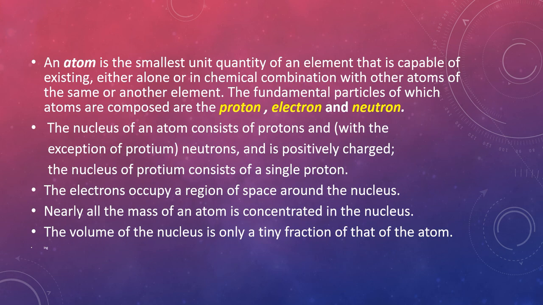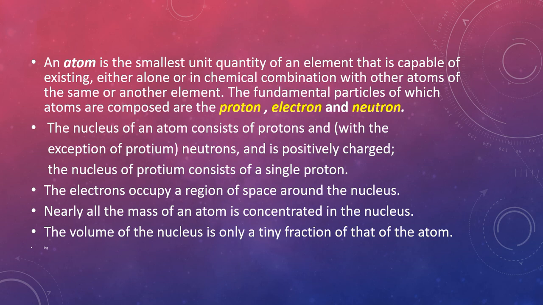Okay, so in summary, an atom is the smallest unit quantity of an element that is capable of existing either alone or in chemical combination with other atoms of the same or another element. The fundamental particles of which atoms are composed are the proton, electron, and neutron.